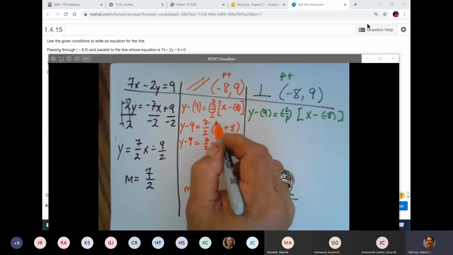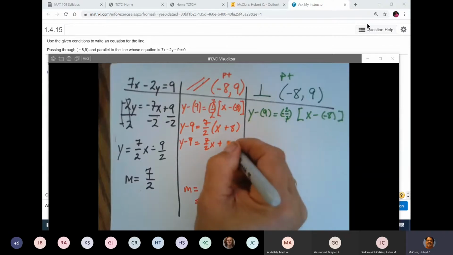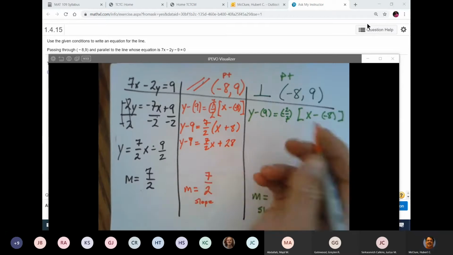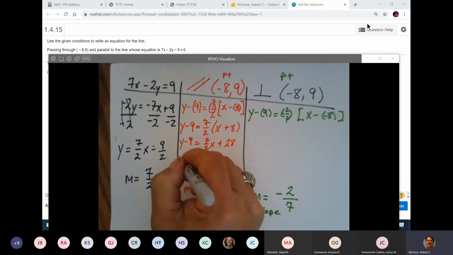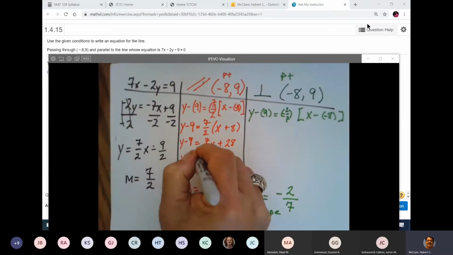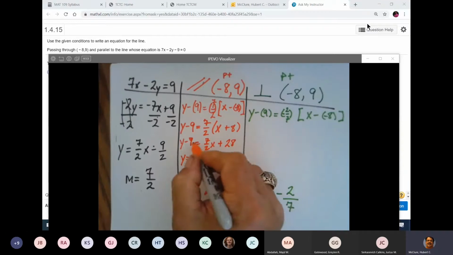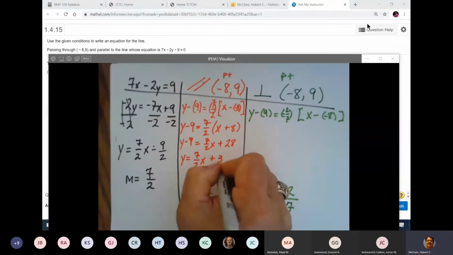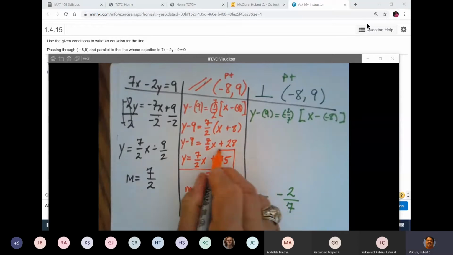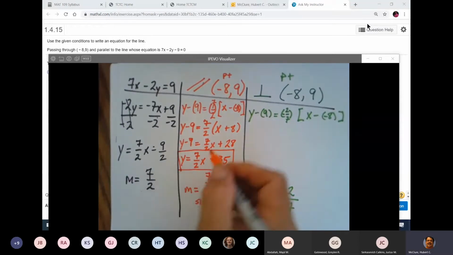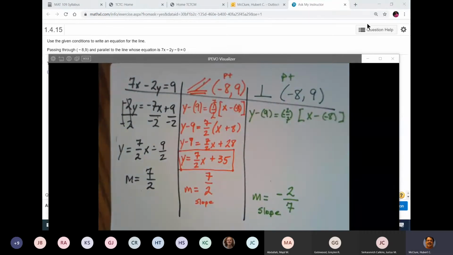So 7 times 4 is 28. And the final answer is y is equal to 7/2 x plus 28 plus 7, which is 35. That is the equation for the line that's parallel. Now let's do the green.